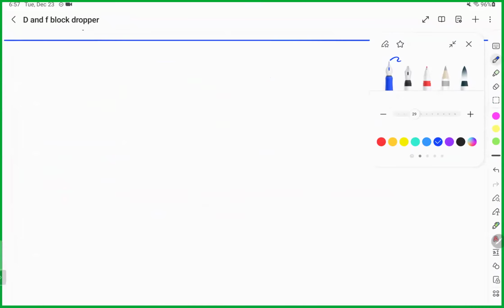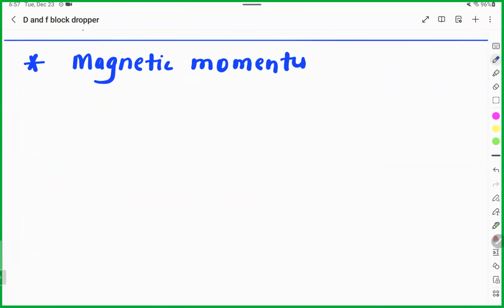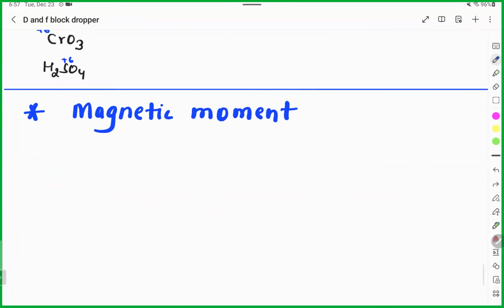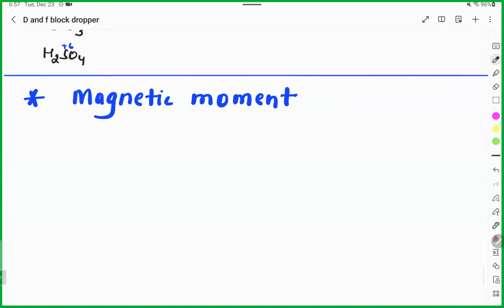Correct. So magnetic moment, guys, tells us whether a compound is paramagnetic or diamagnetic, or if it is paramagnetic, whether it is strongly or weakly paramagnetic.